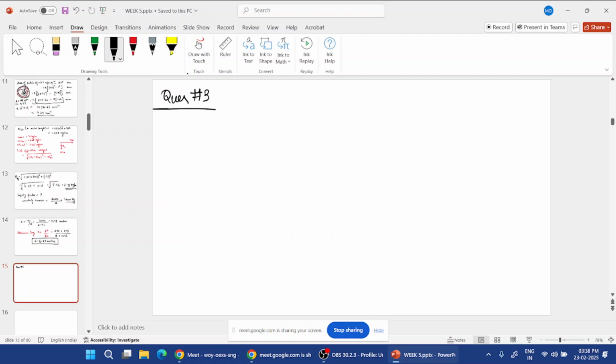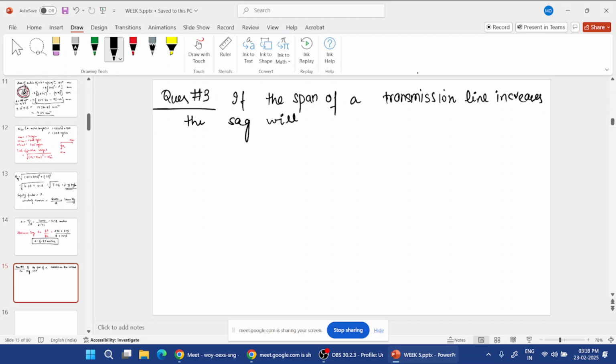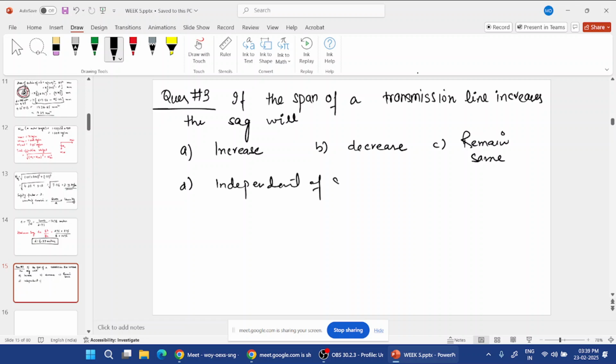Question number 3. If the span of a transmission line increases, the sag will: A, increase; B, decrease; C, remain same; and D, independent of span.